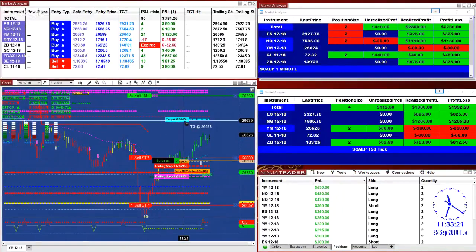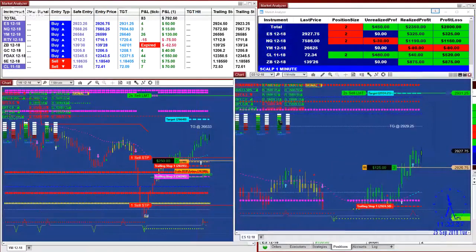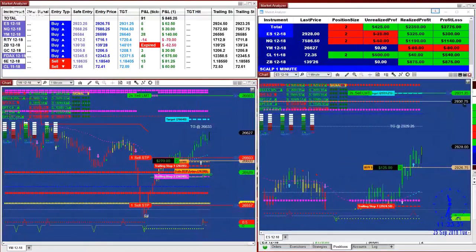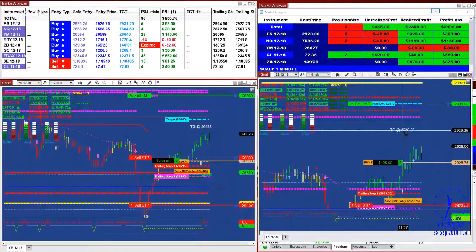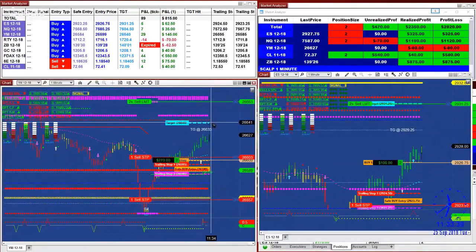We are hitting almost the target on the YM, and it's the same story. On the ES, you have to be light-handed, guys. The first bumper is 29.25. YM is going directly to 66.40.